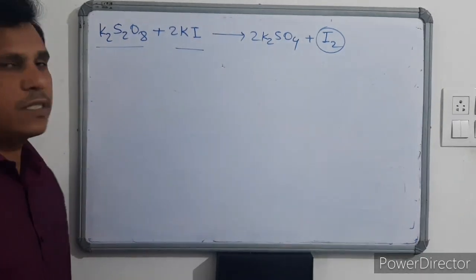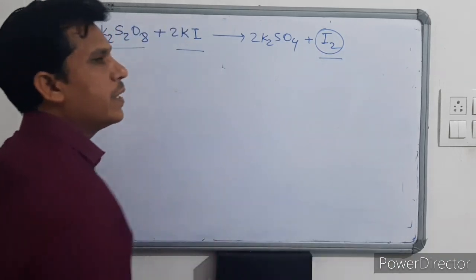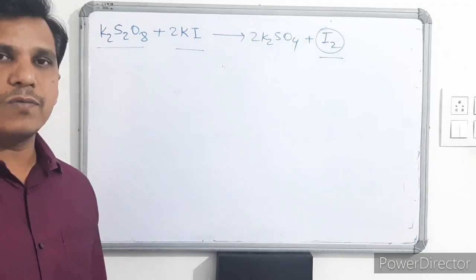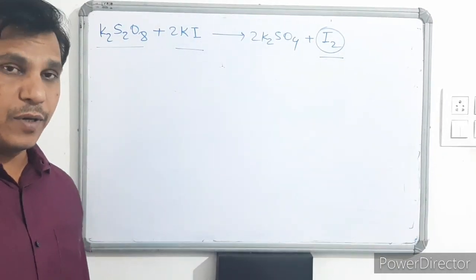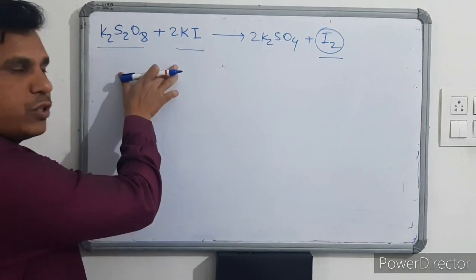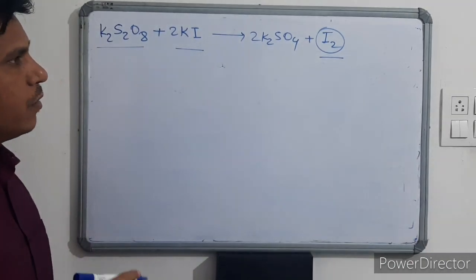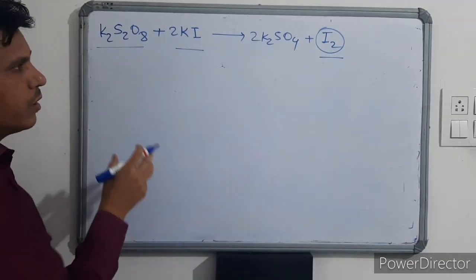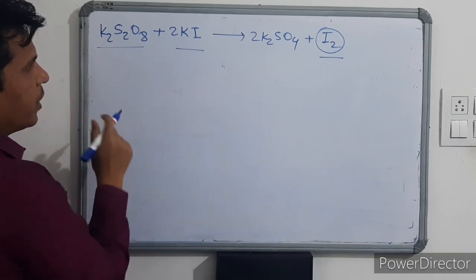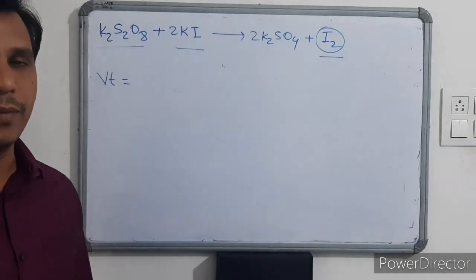The rate of this reaction we can study by measuring the amount of iodine liberated at different time intervals. The amount, as well as the concentration, of iodine liberated we can find out easily by titrating a fixed volume of the reaction mixture with the standard hypo solution, and we get the volume of hypo solution required for the titration with the fixed volume of reaction mixture, which we call Vt, at different time intervals.